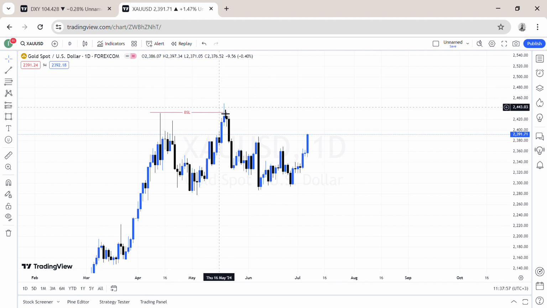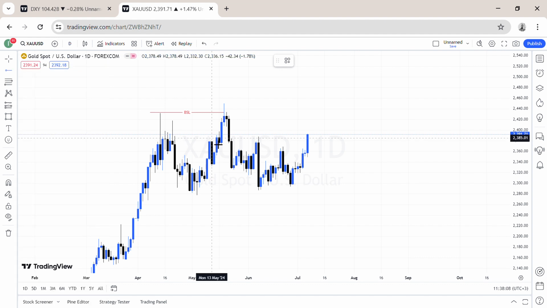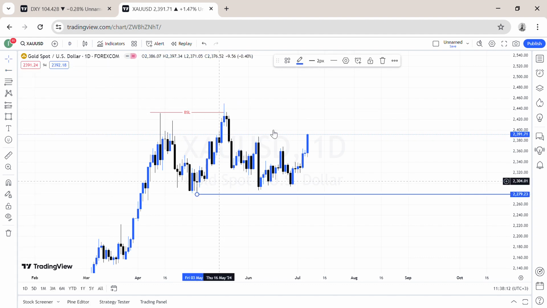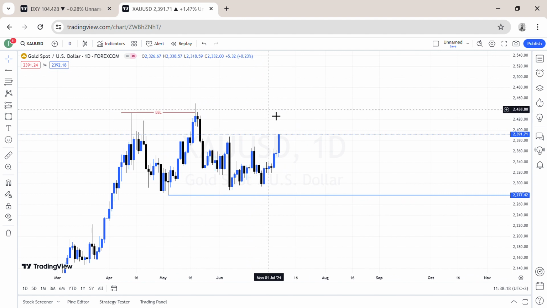It was wicked, the price came down, traded down, and if at all price was to trade below this zone, of which I know that was the target of most people.